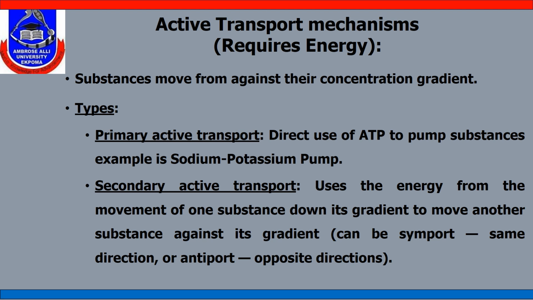Now, let's look at the types of active transport. We have the primary active transport and the secondary active transport. In the first case, it involves direct use of ATP to pump substances into the cell.